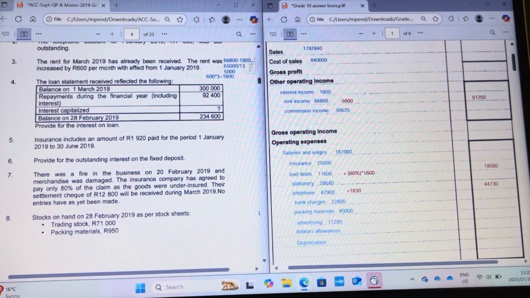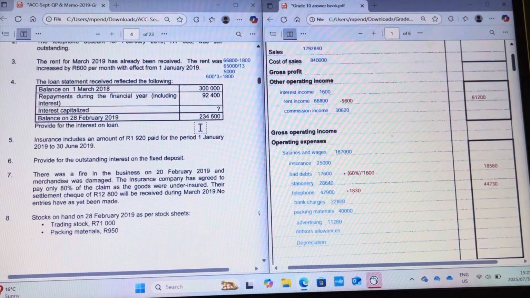So generally, this would have been 300,000 less 92,400 plus this X is going to give us 234,600.